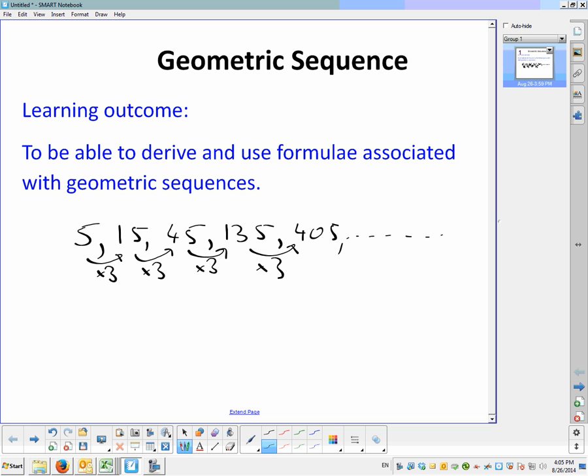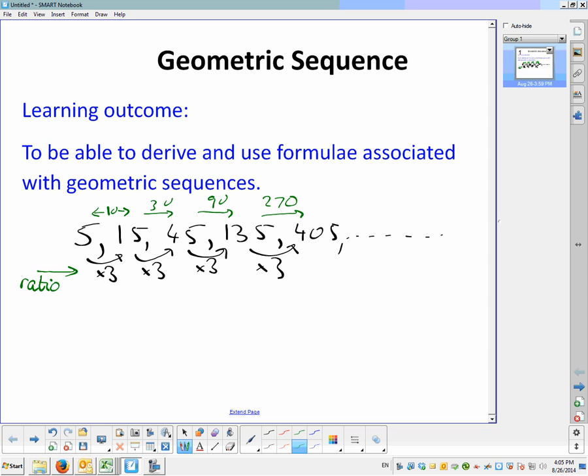So it doesn't make sense to talk about the differences in this example, because here the difference is 10, here it's 30, here it's 90, here it's 270. The difference isn't always the same. What's always the same is the ratio.